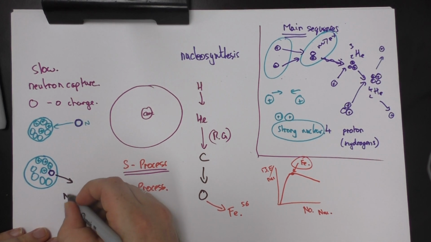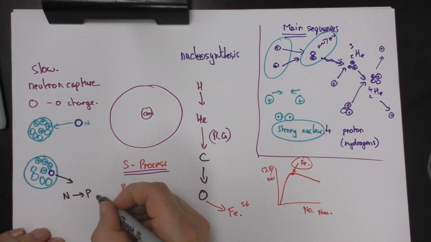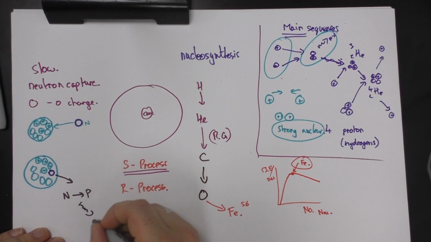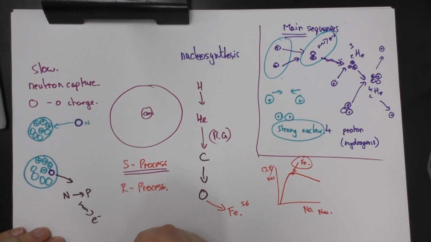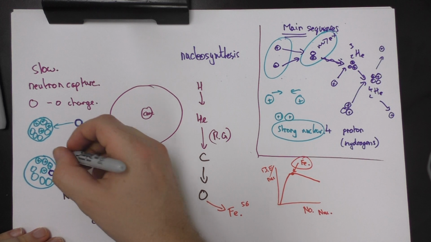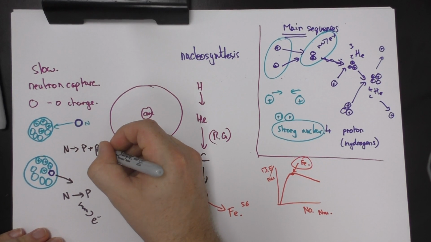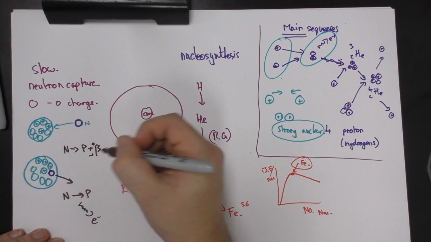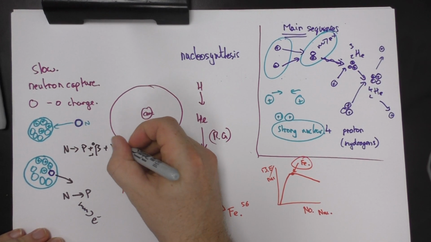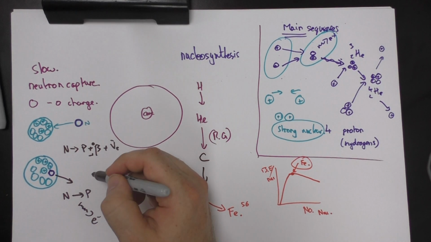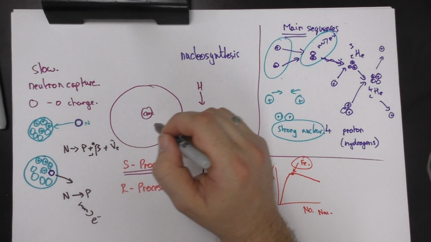So this neutron is going to become a proton by giving off some negativity in the form of an electron. So we can write this whole process out as a neutron goes to a proton plus our beta minus particle plus, obviously, our anti-electron neutrino. And this is also a source of neutrinos in stars.